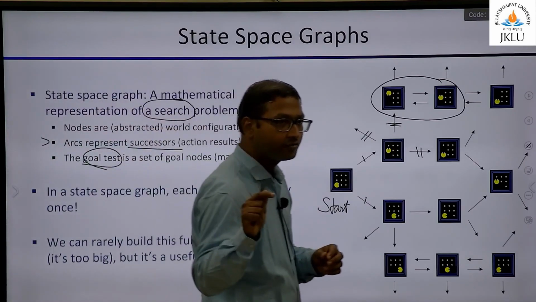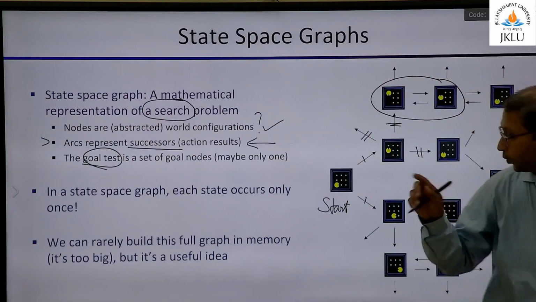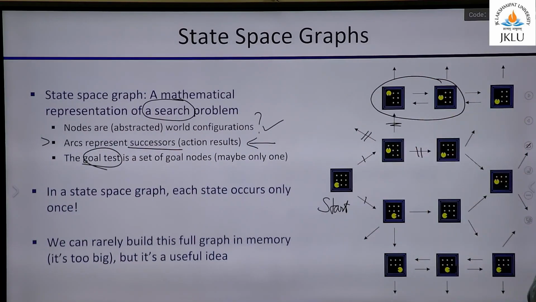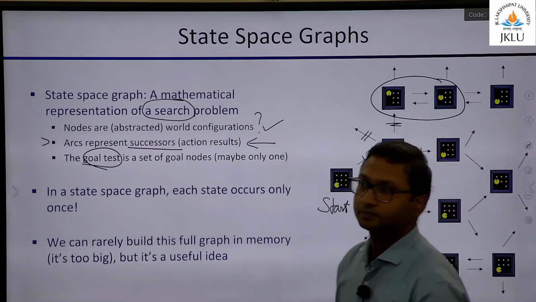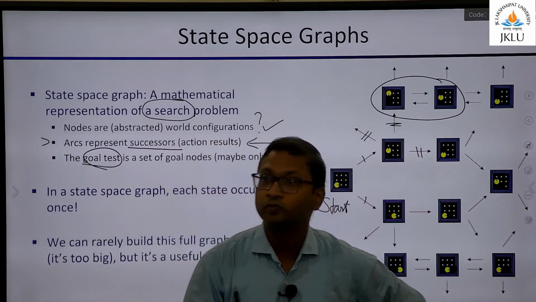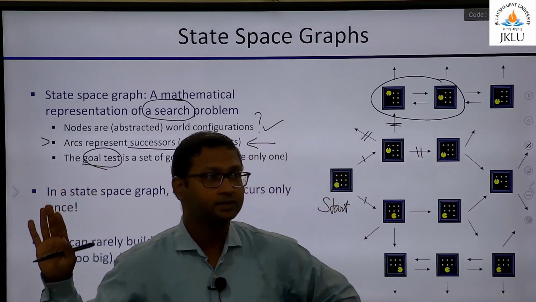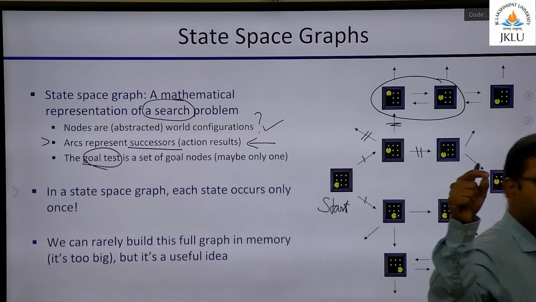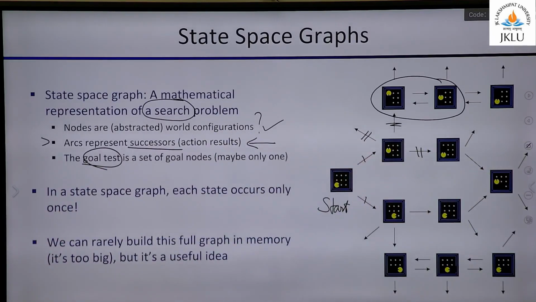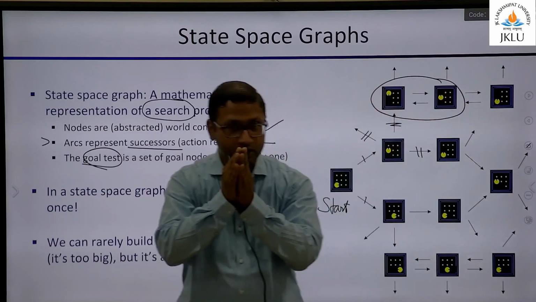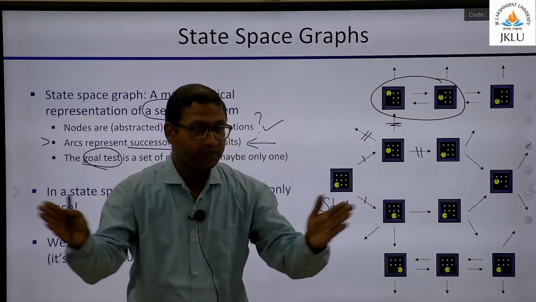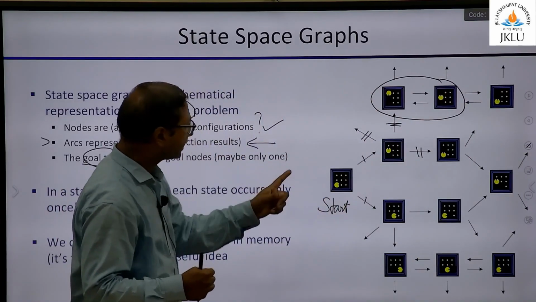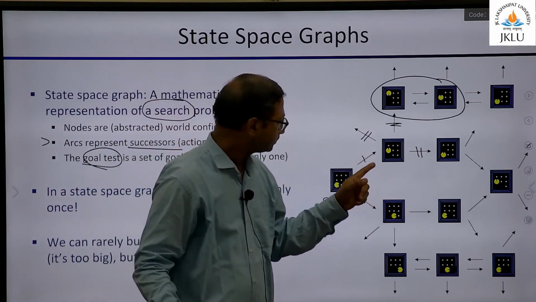How many total configurations can you have in which the board is empty but still they are all distinct? 9 into 4, that is the maximum number, right? Because your Pac-Man can be in different directions. So even though the board is all empty, give me the exact number, not 9 into 4.